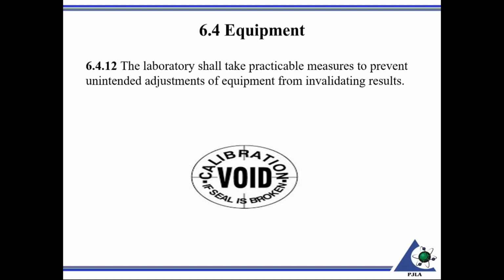So you want to assure once the equipment is returned that practical measures are in place to prevent unintended adjustments, or in other words, not to break any seal, which if broken, the integrity of the traceability provided with that piece of equipment may come into question.